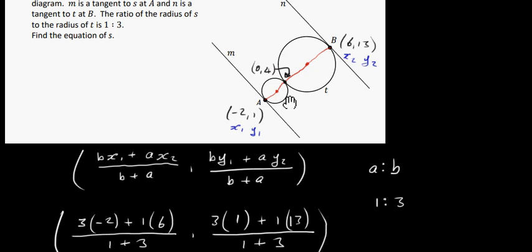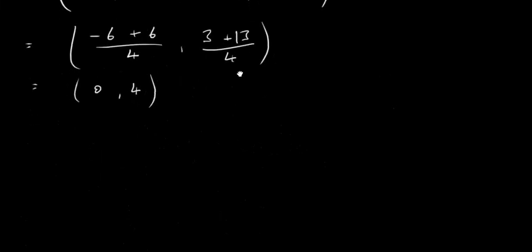Once we have the midpoint, all we've got to do is find the distance between that point and 0, 4, and that will give us our radius distance. Then that will give us the second part that we need to put into our formula. So first thing I'm going to do is find the midpoint between 0, 4 and -2, 1. That'll give us the center of S. So let's do that.